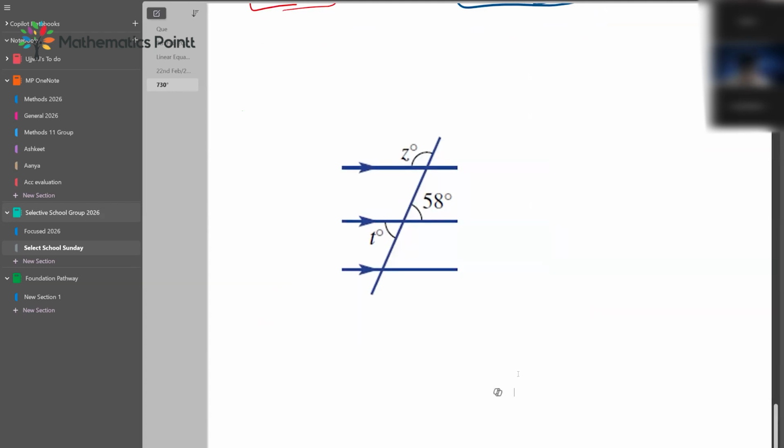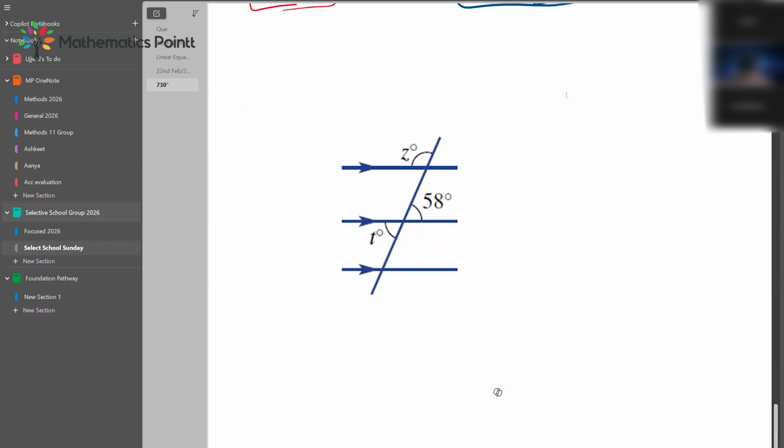Give me the measurement of Z and T. Go for it. I have how many students today? Got 41.